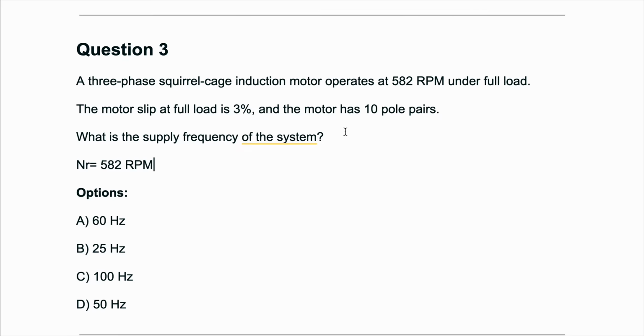But the motor slip at full load is 3%, and the motor has 10 pole pairs.